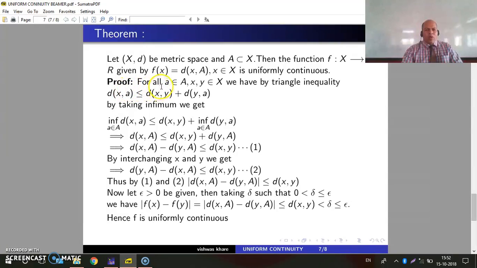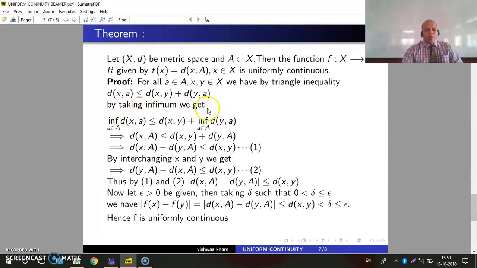Proof. For all a belonging to A and x, y belonging to X, we have by the triangle inequality d(x, a) is less than or equal to d(x, y) plus d(y, a).